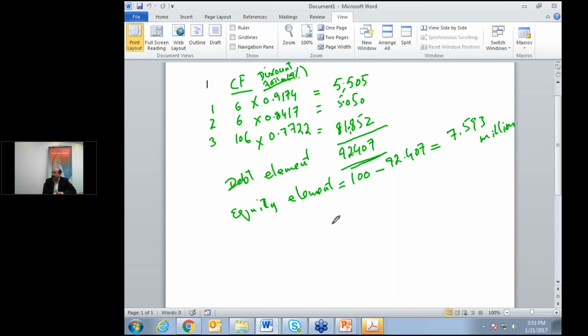So now next we will allocate the issue cost. Debt element is 92.407 and equity element is 7.593, and then the issue cost.